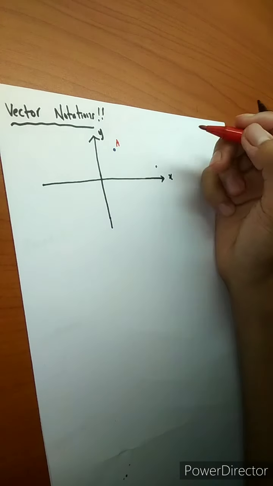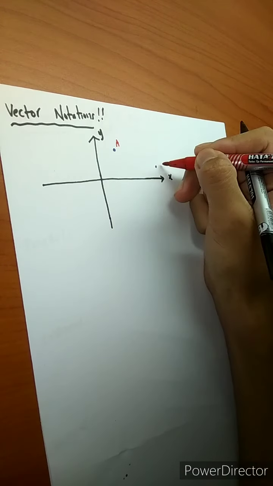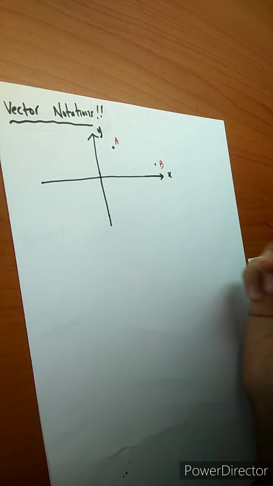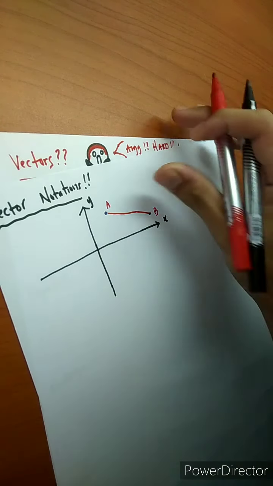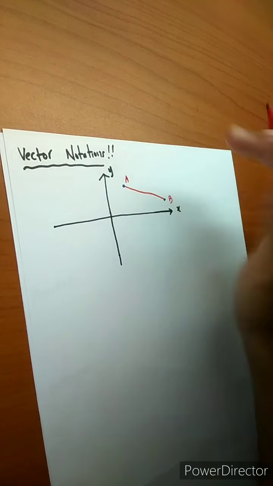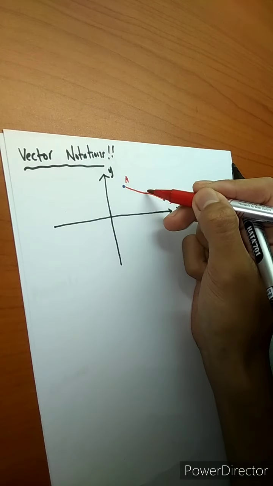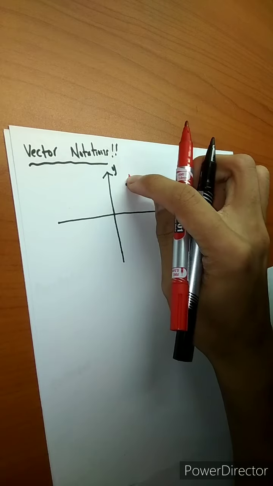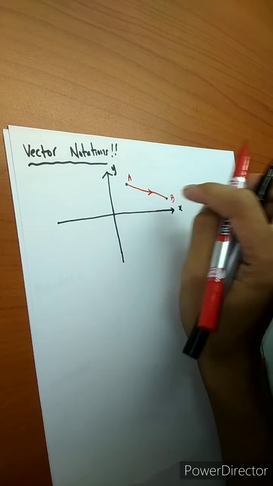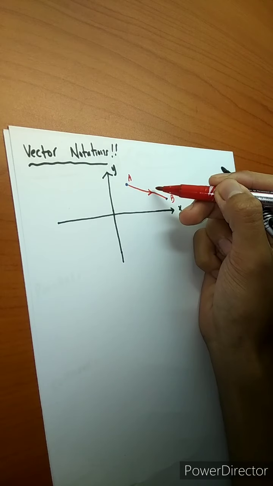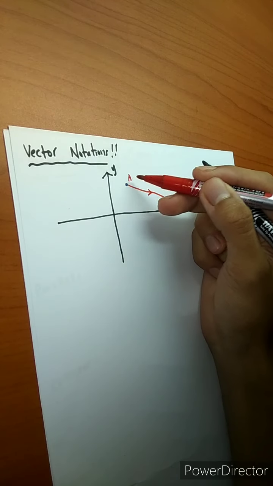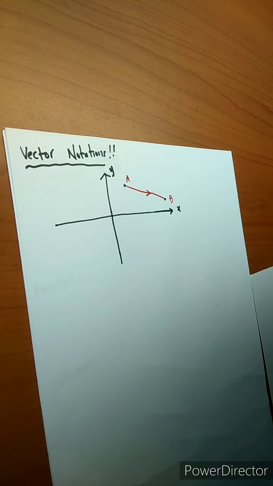Everybody loves the letter A. This is point B, and it forms a vector called vector AB. Agree? Vector AB goes from here to here. Vector BA is different: vector BA is an arrow towards the letter A.